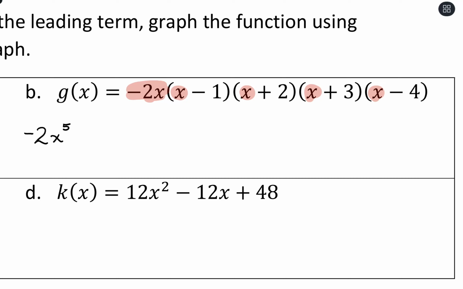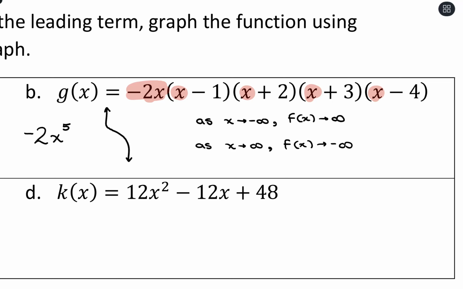So I have an odd degree, which makes it similar to the last one, but with the negative out front, it flips it so that it would be decreasing like this. So what's going to change is how we work with infinity. As x goes to negative infinity, as we go to the left, now we're going up to positive infinity. And as we go to the right, our function is going down towards negative infinity.